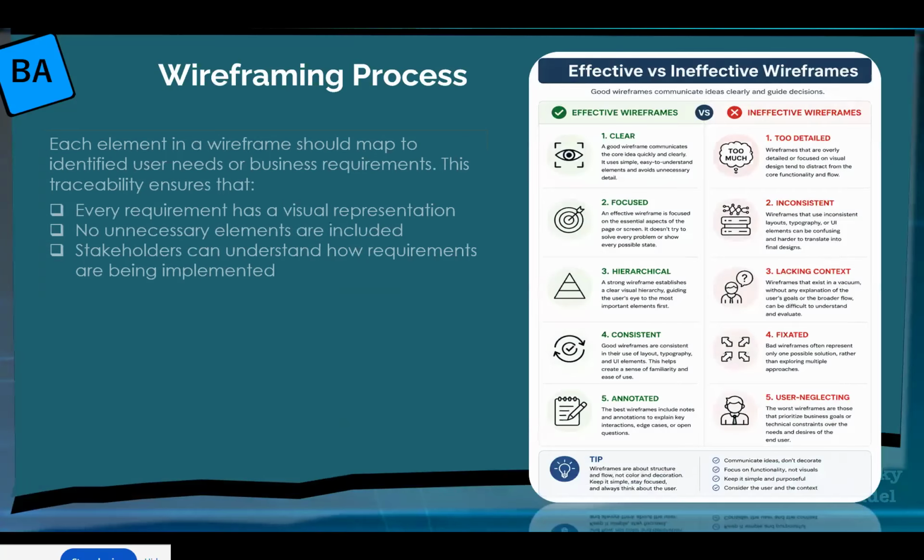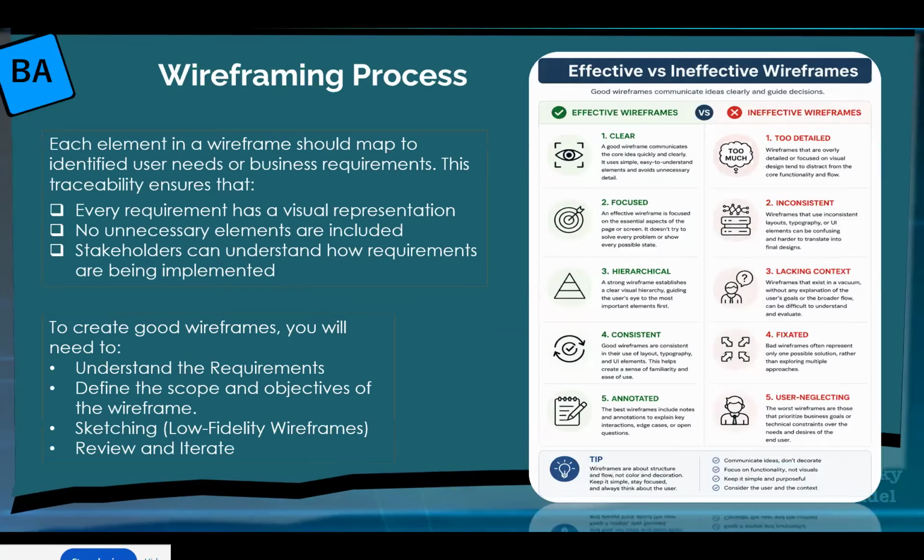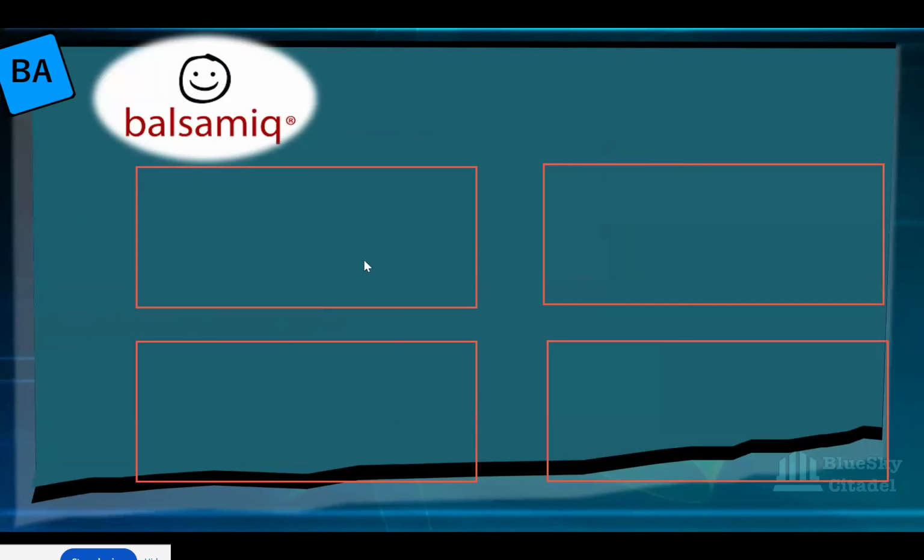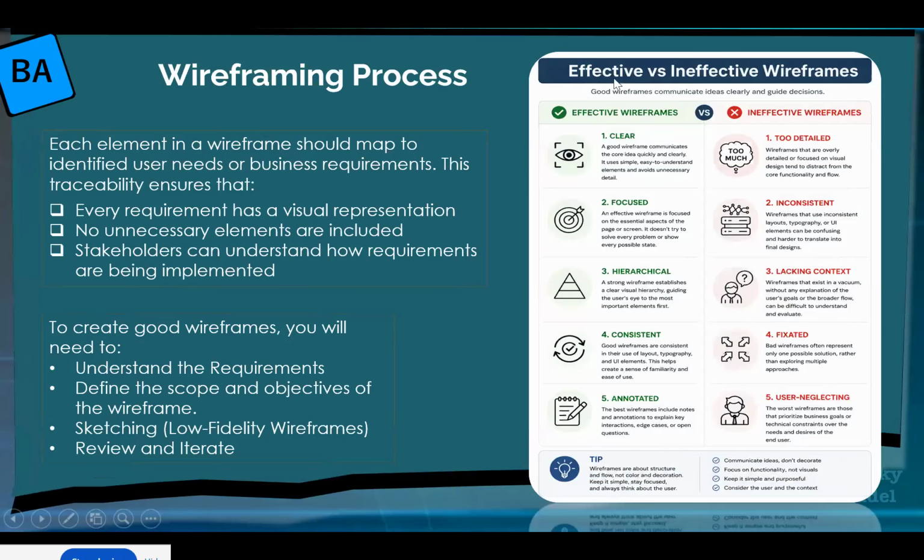So for the process, right? I think we've done this already. Sorry, I kind of wanted to focus on the image here. So, oops, sorry, let me go back. So, effective versus ineffective wireframes. Your effective wireframes are very much like your user story and your acceptance criteria. It has to be clear, right?